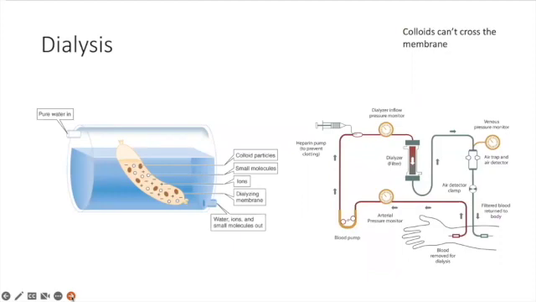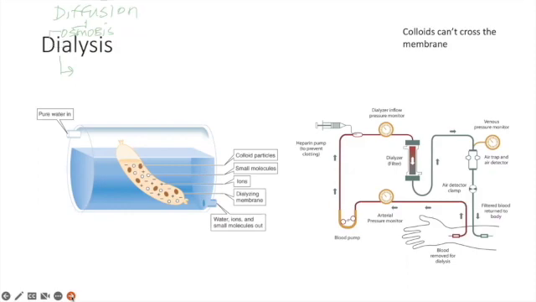But dialysis is, again, a deeper form of diffusion. You can even think about it as a form of osmosis. So there's diffusion. Osmosis is a type of diffusion. And dialysis is a type of osmosis, if you want to get technical.